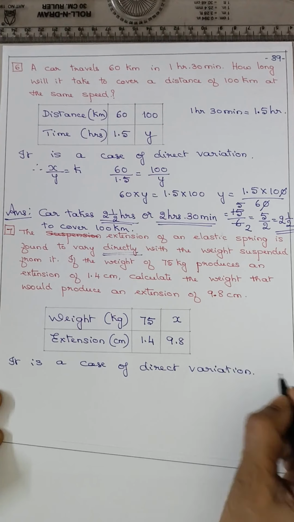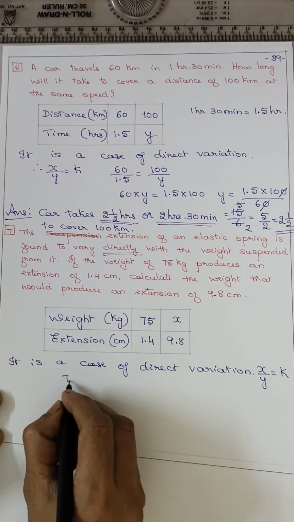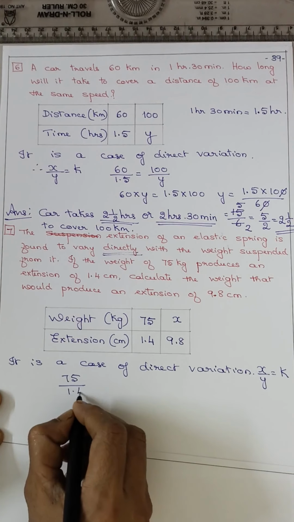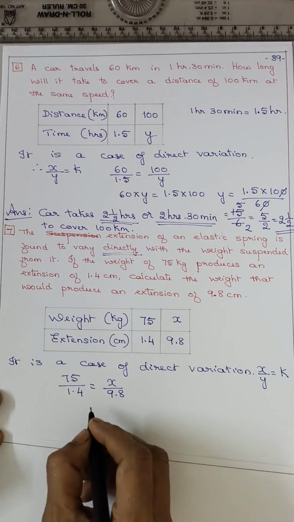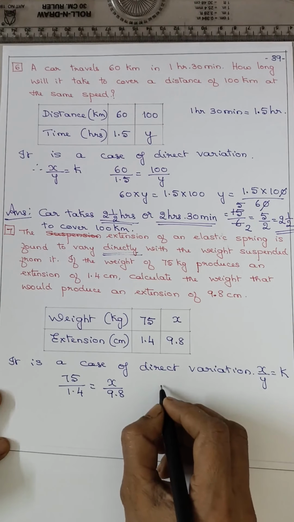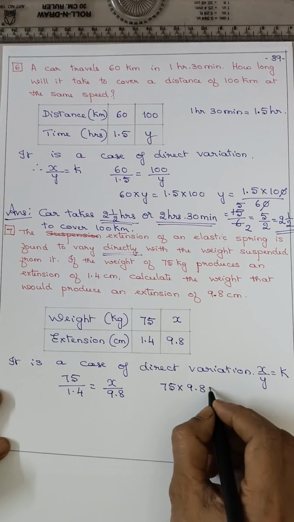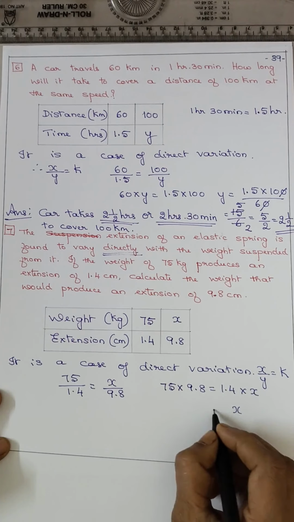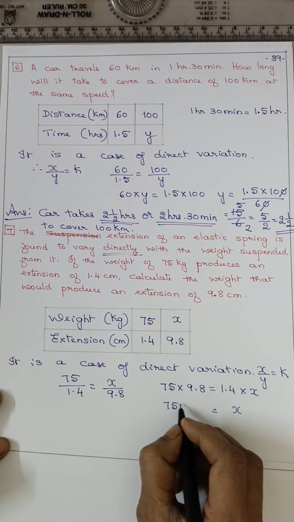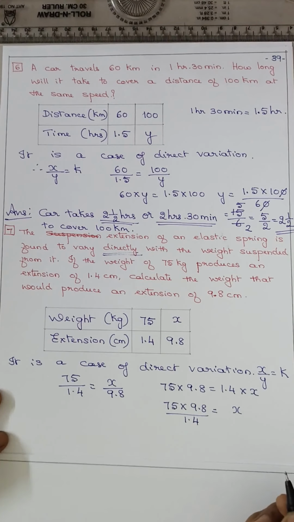Therefore, x by y is equal to k. 75 by 1.4 is equal to x upon 9.8. When you cross multiply, it will be 75 into 9.8 is equal to 1.4 into x. X is equal to 75 into 9.8 upon 1.4.